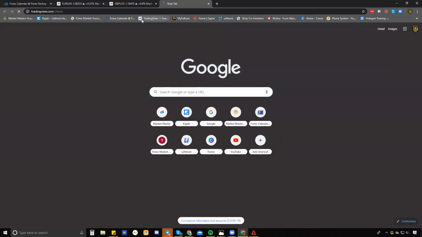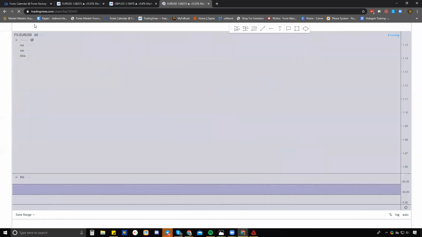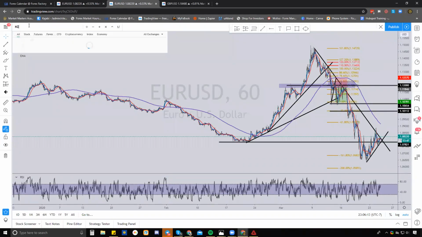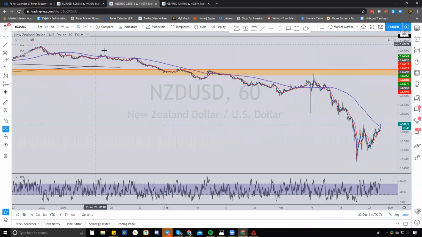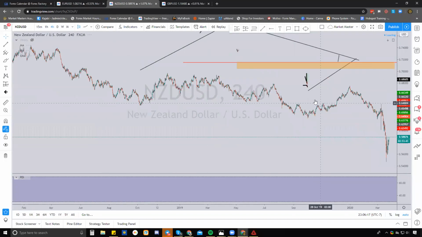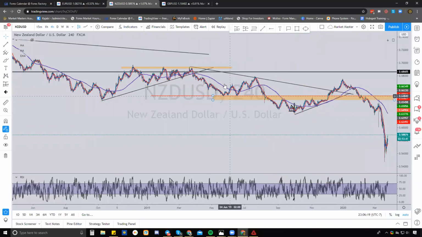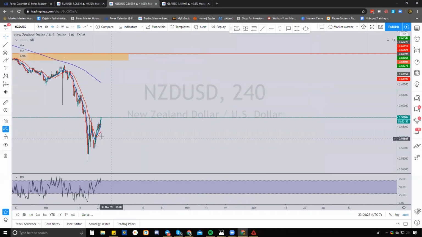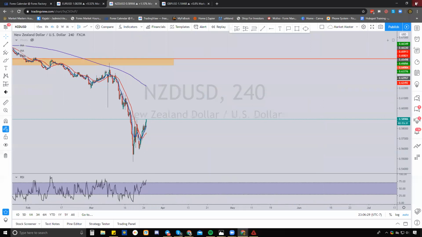Now NZD USD was another one that moves very similar to Euro USD. So let's look at the 4-hour. It's going into this downtrend here, went into an uptrend, and then a really large spike coming down, and then now slightly moving up. So if you can see, they're pretty much identical.